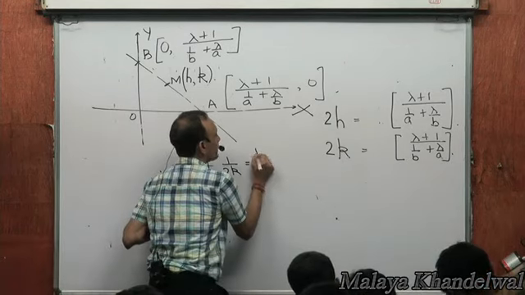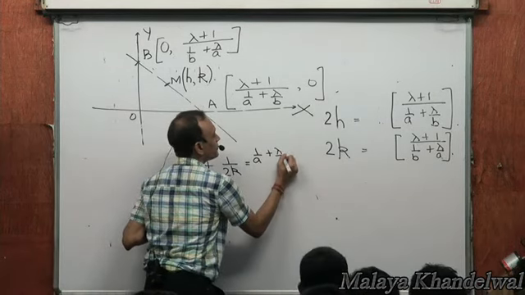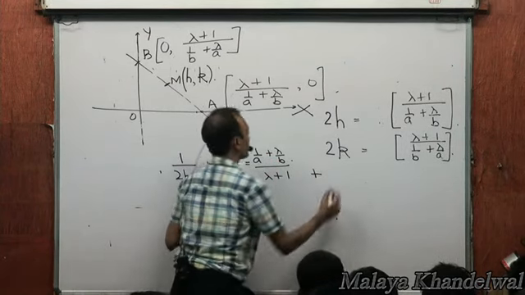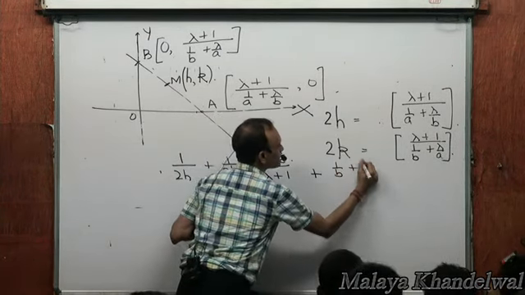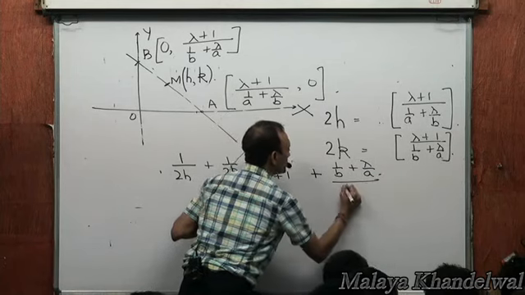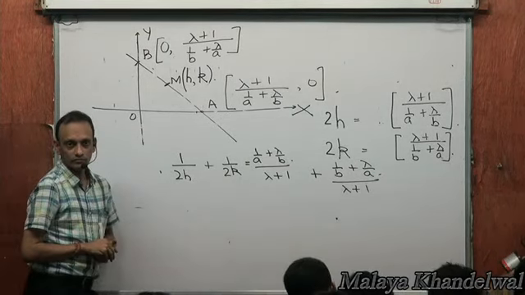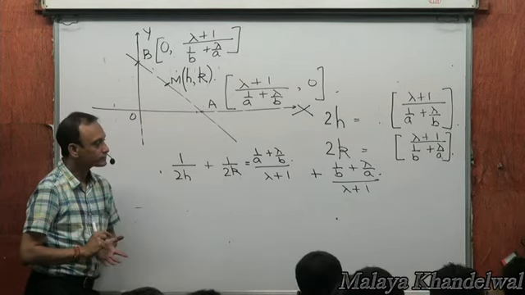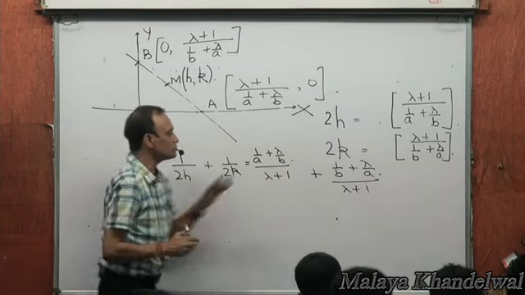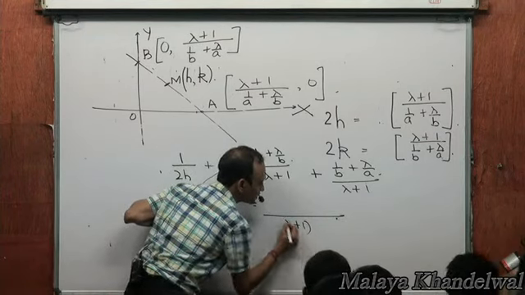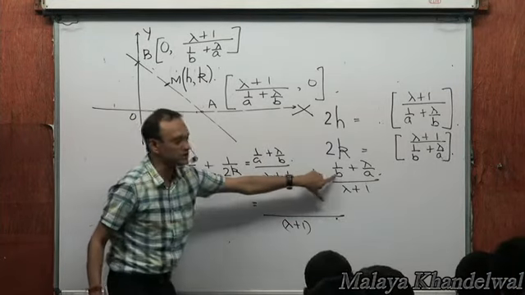This would be 1 by a plus lambda by b divided by lambda plus 1, plus 1 by b plus lambda by a divided by lambda plus 1. Yes or no? Let me add these two. The denominator, of course, is simple, so it will not call for humongous effort to add these two. 1 by a plus 1 by b get added.